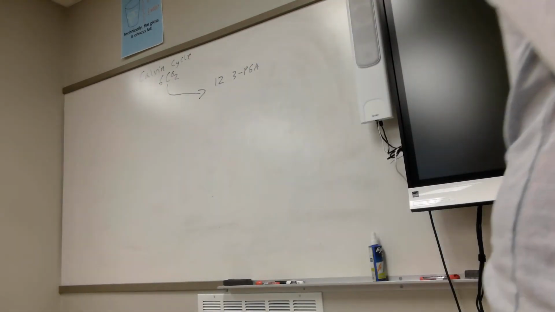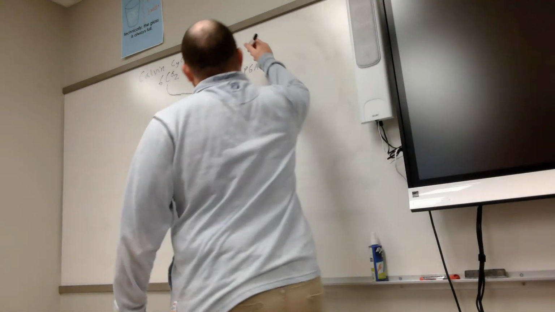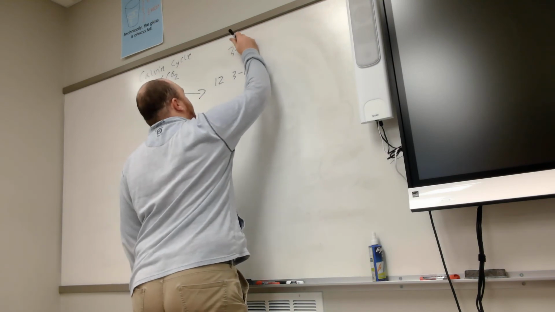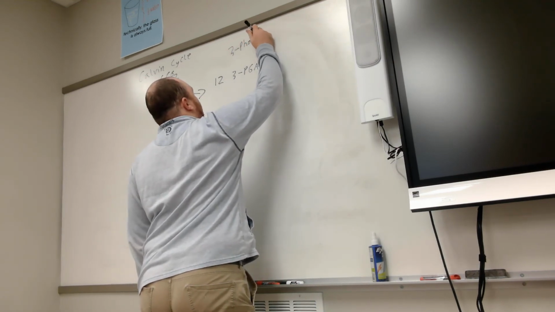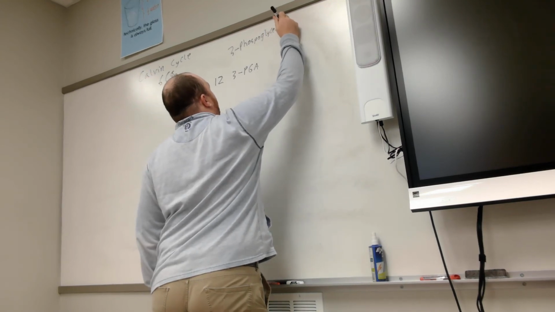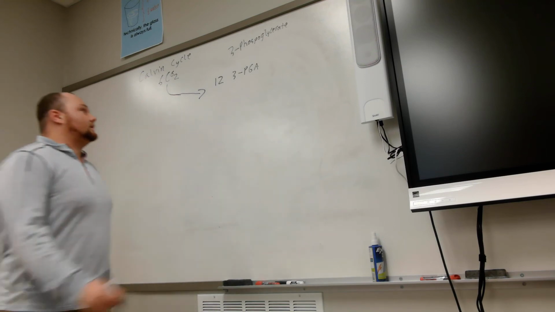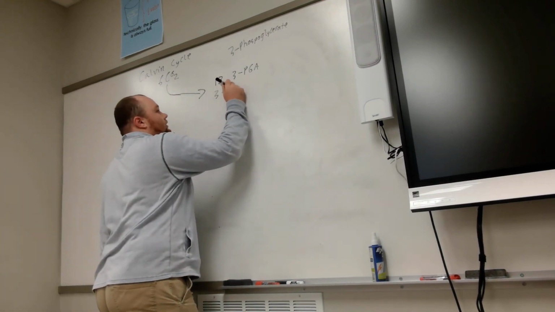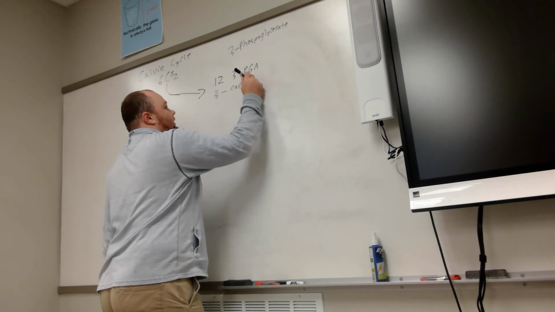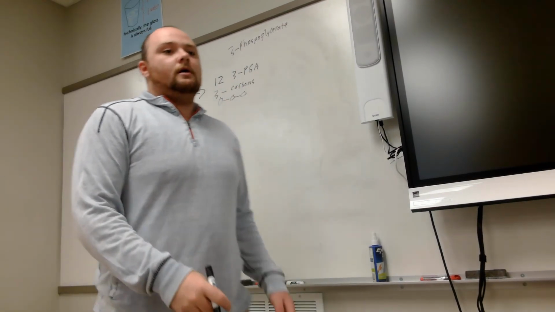What 12 3PGA means is that you get 12 of these 3-phosphoglycerate molecules. The thing to know about these is that they each have 3 carbons: 1, 2, 3.